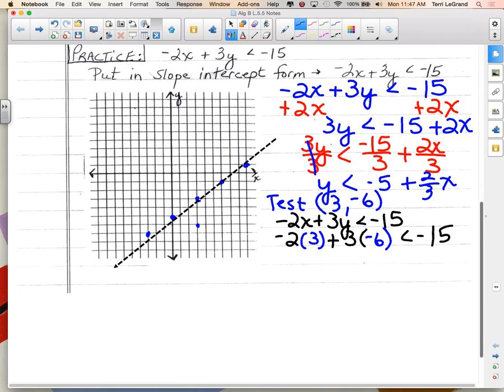Okay, -2 times 3 is -6. 3 times -6 is -18. -6 plus -18 is -24.